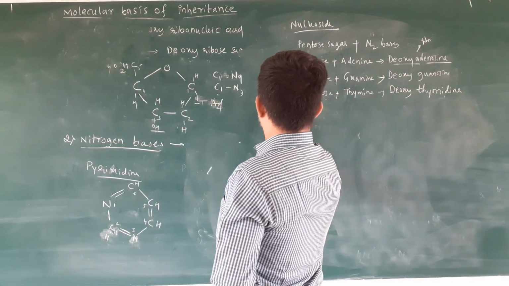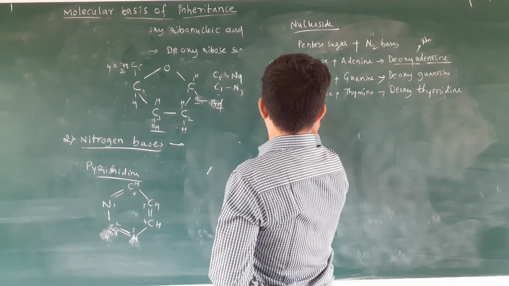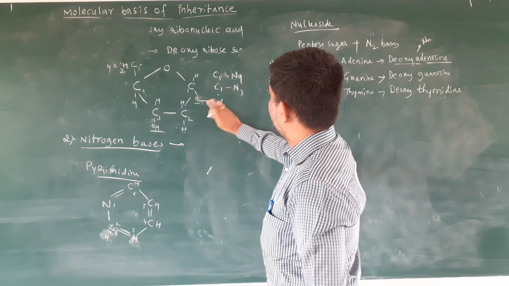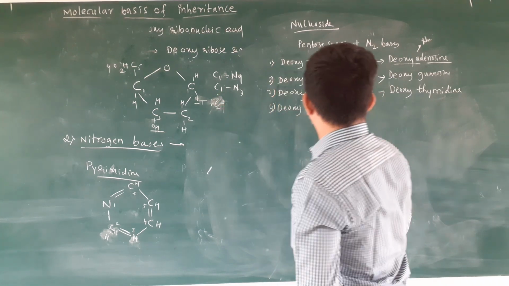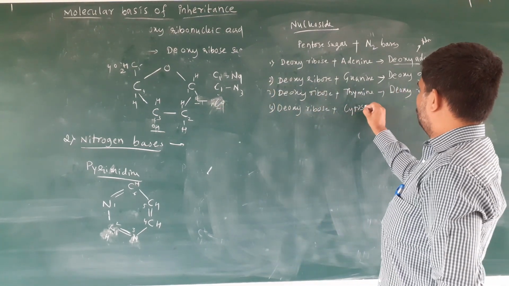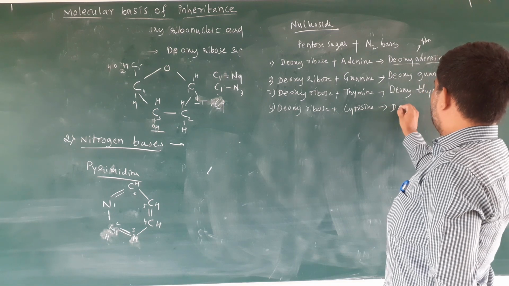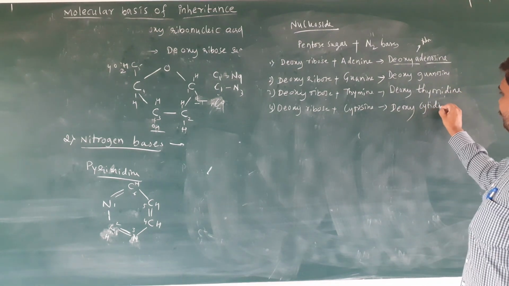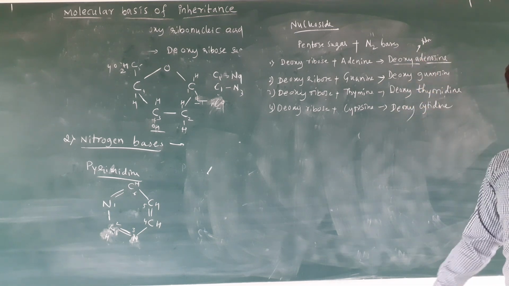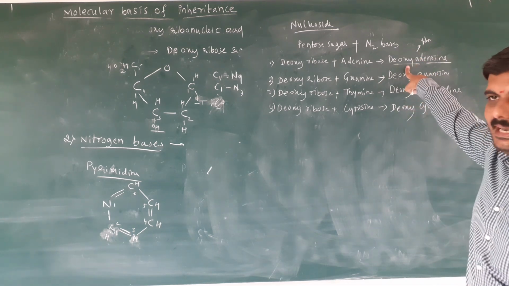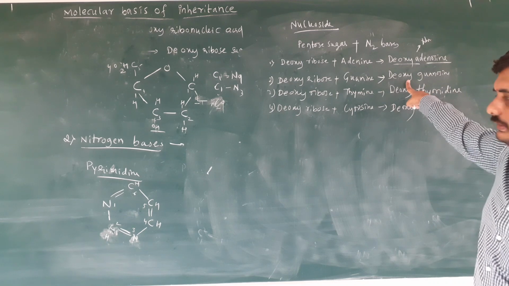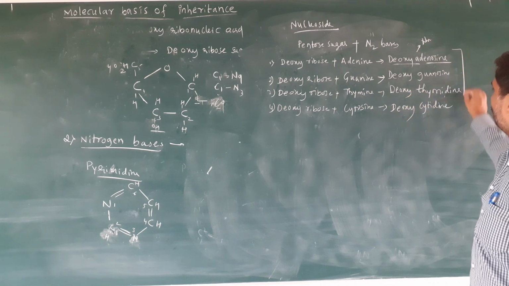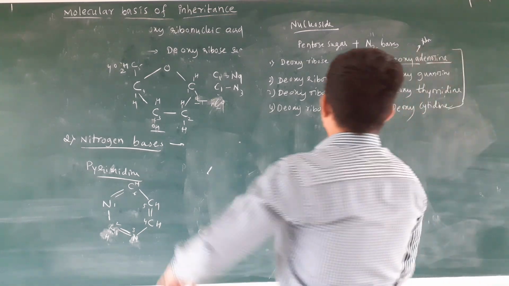The fourth one, deoxyribose sugar attached to cytosine, is called deoxycytidine. These are the four nucleosides: deoxyadenosine, deoxyguanosine, deoxythymidine, deoxycytidine.